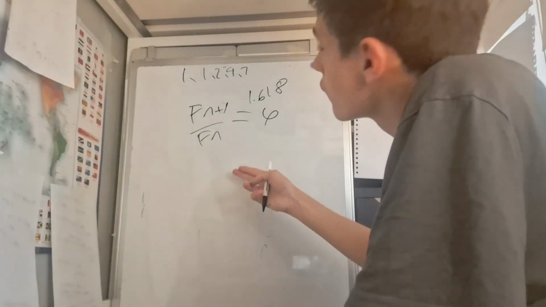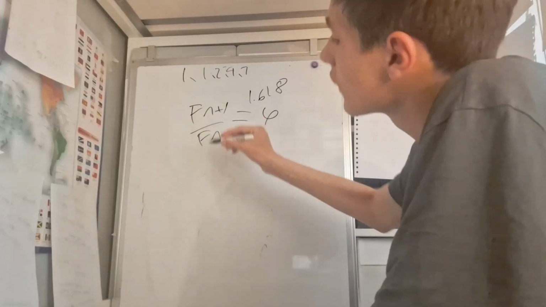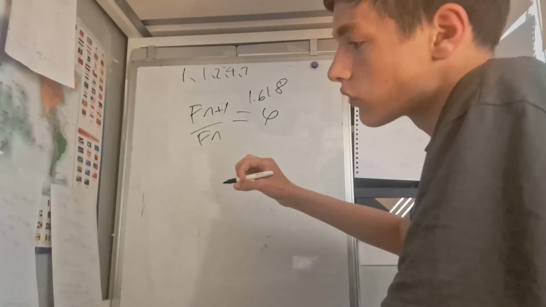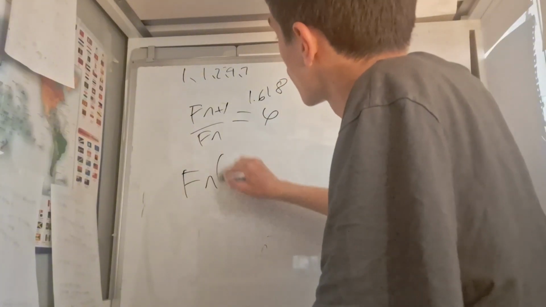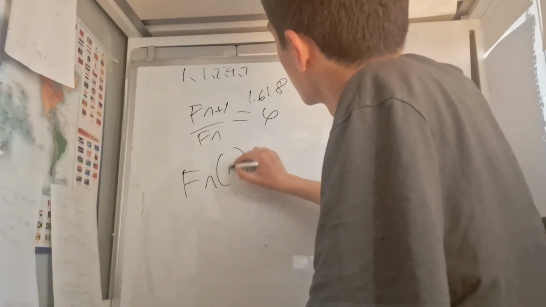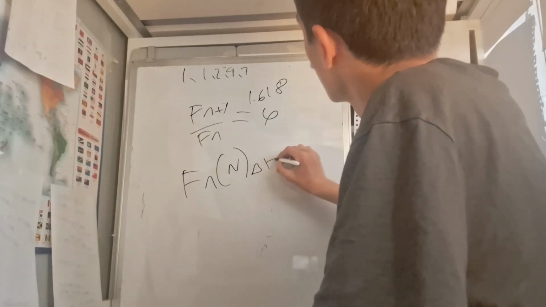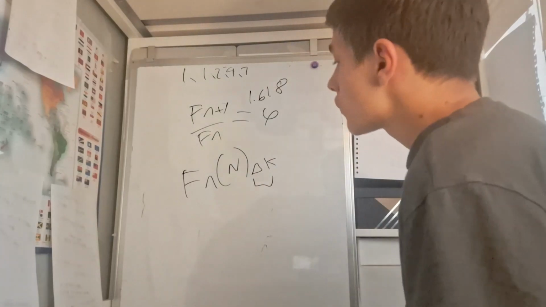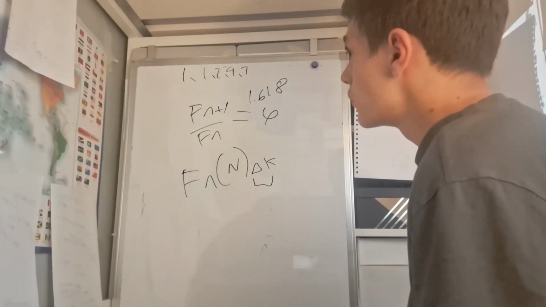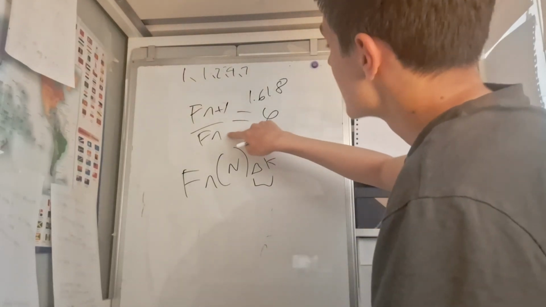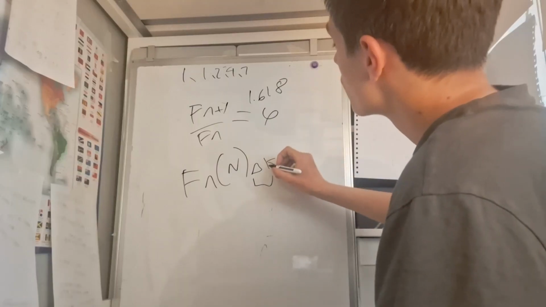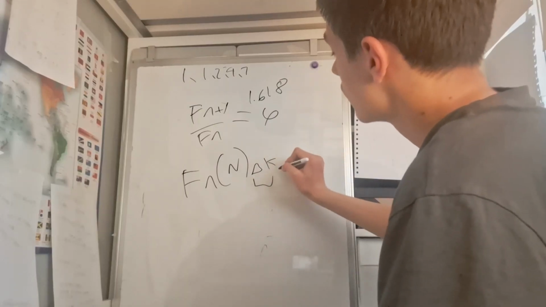But this only gives the Fibonacci number, so I wanted to write an equation which describes this one. Delta k is this, and we assume k goes to infinity.